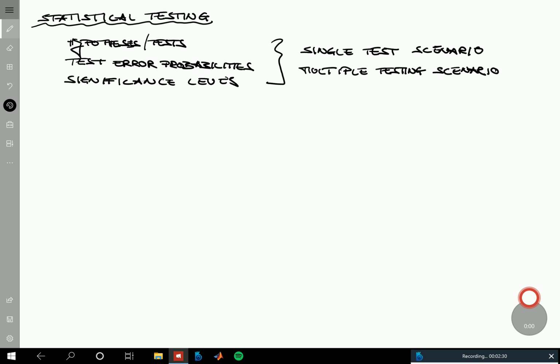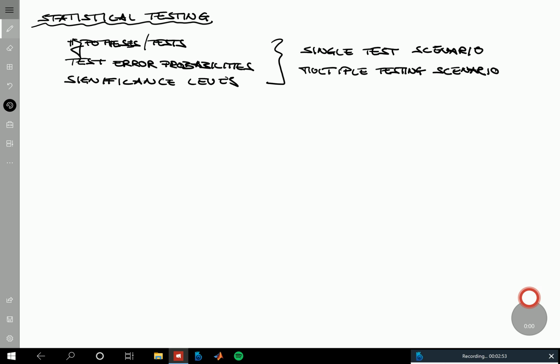And this is, of course, the scenario where people would tell you you have to control for multiple testing, because if you control with only one threshold in one test and then the next test and so on, then the probability of having at least one false positive increases quite fast.